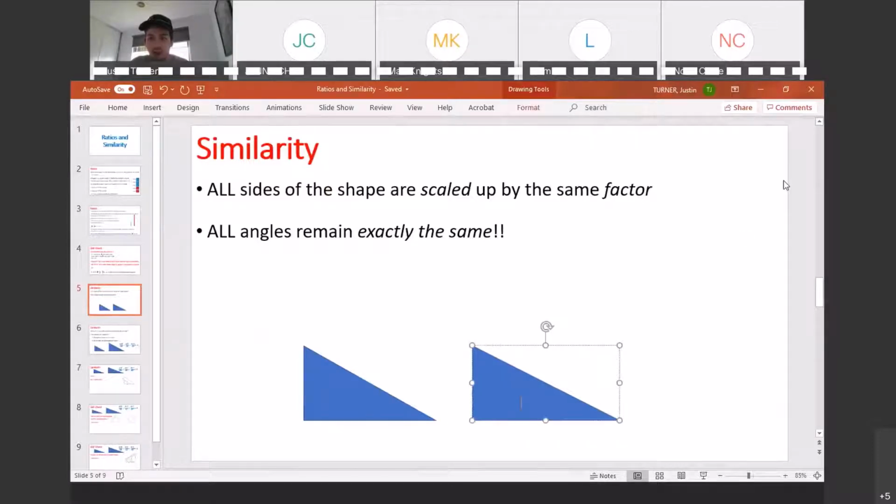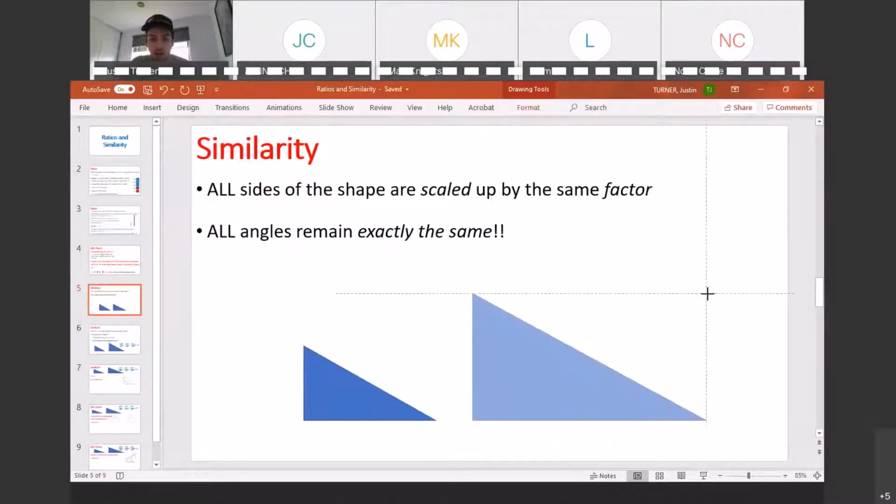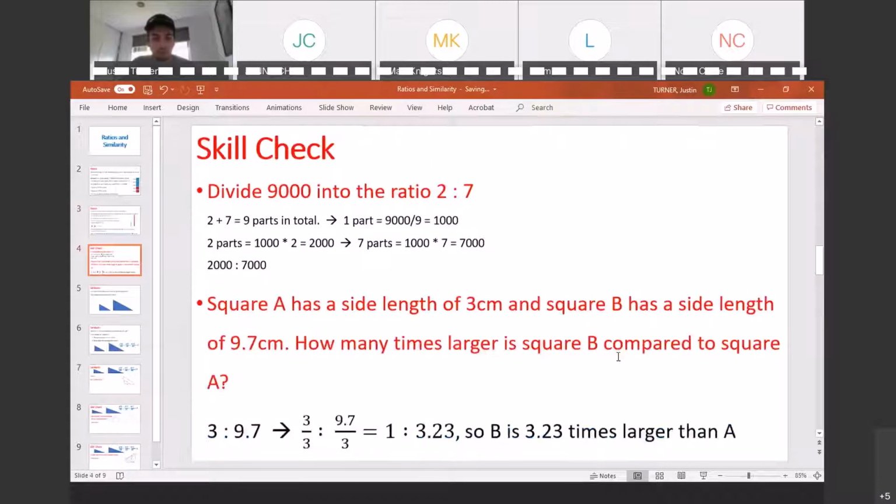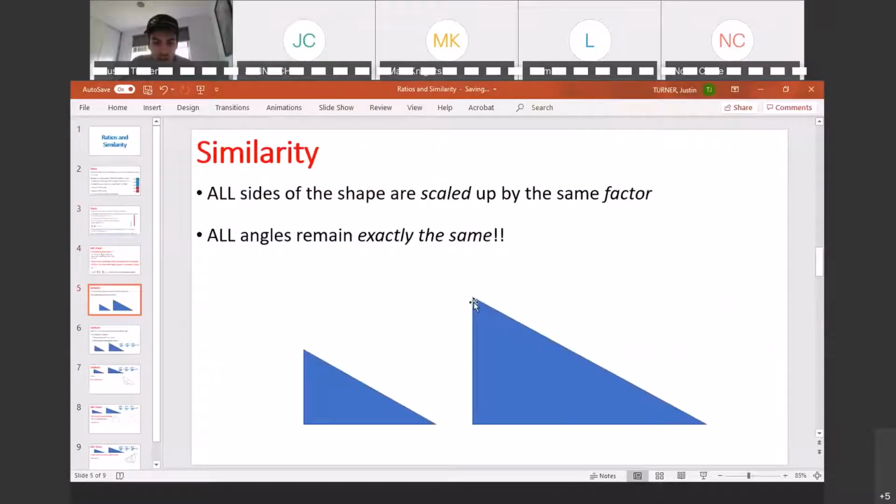So let's say if I was to scale this triangle up, just like that. Similar to how we looked at the scale factor between these two lines, if you took the scale factor between this side length and its corresponding side length there, it has to be the same scale factor as if you did it with this side length and this side length, and also the base length and this base length.